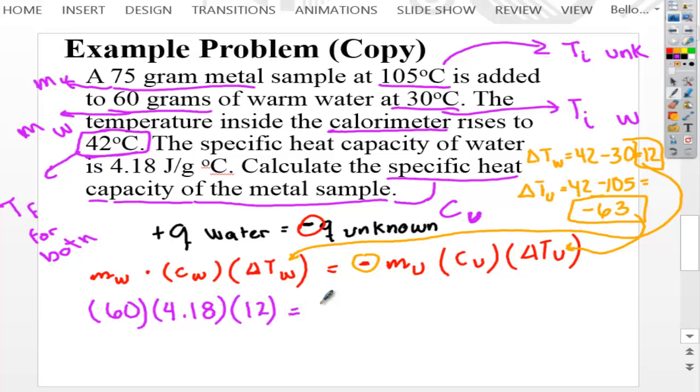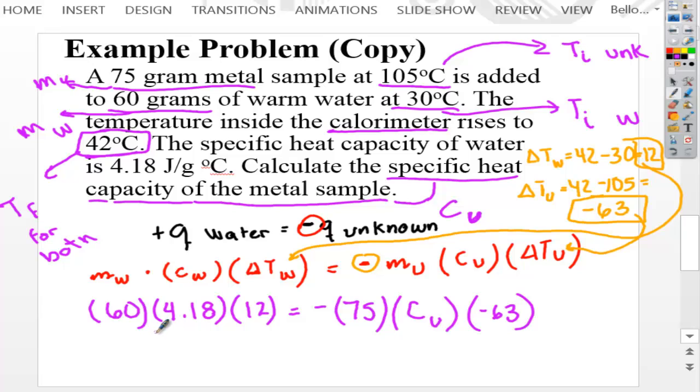What's the mass of the unknown? 75. What's the specific heat capacity of the unknown? Do we know it? No, we don't know it. That's what we're looking for. That's what we're going through this for. Okay? And what's the delta T of the unknown? Negative 63. From here on, it's math.